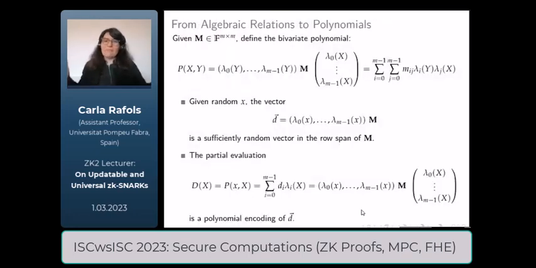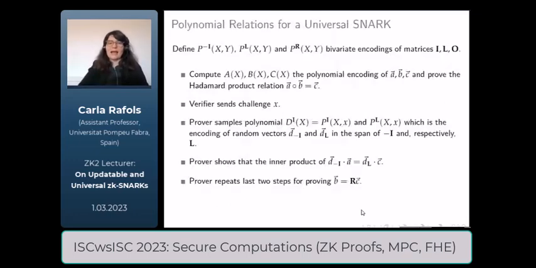Okay, so what does this mean? It means that if I want to sample a vector in the row span of M, this is equivalent to saying that I want to do a partial evaluation of a certain polynomial. Okay, so with these ingredients, I already have a way to do universal and updatable SNARKs. How do I do it?